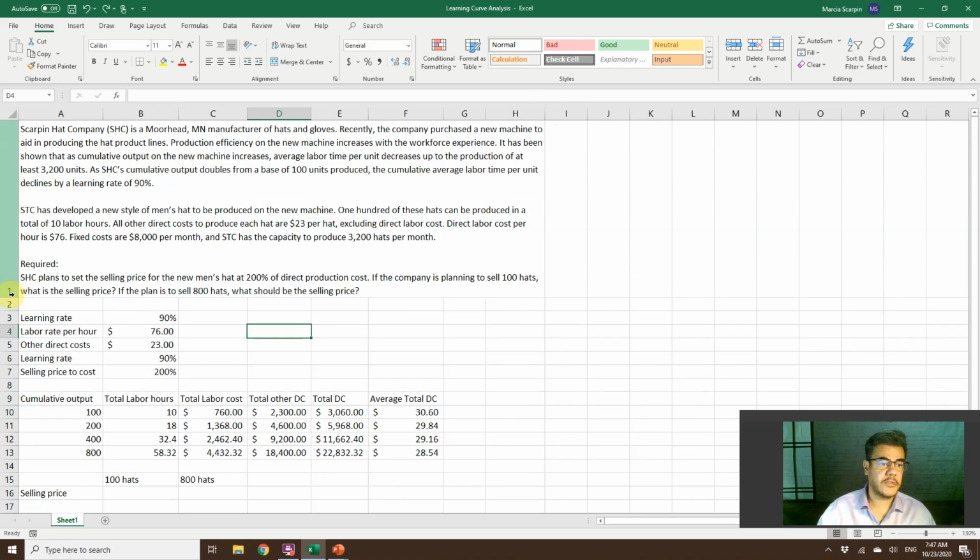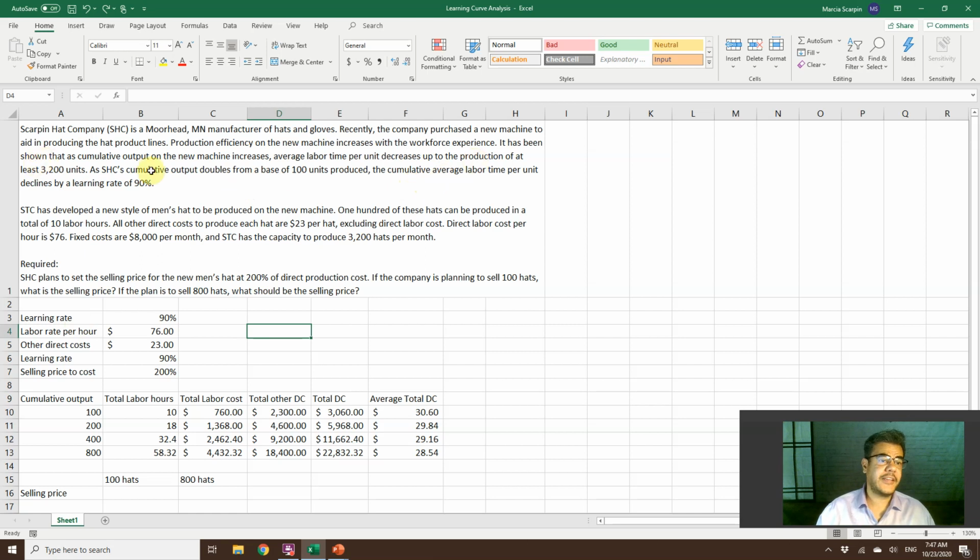Yes, here we can see everything now. So what do we have here? Scarping Hat Company, or SHC, is a Moorhead, Minnesota, where I actually live, manufacturer of hats and gloves. Recently, the company purchased a new machine. Production efficiency in the new machine increases with the workforce experience.